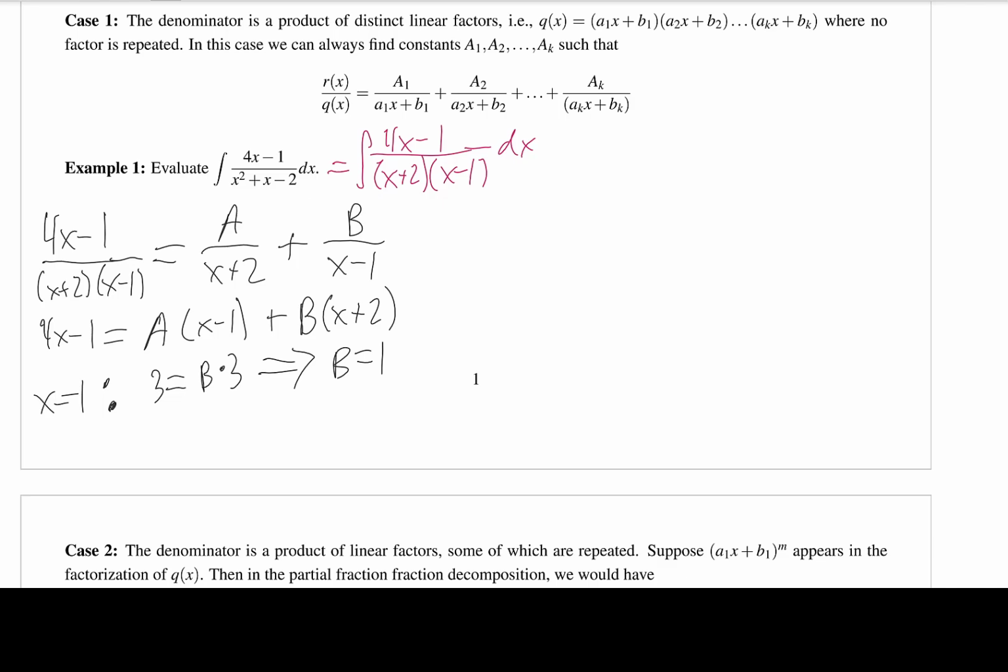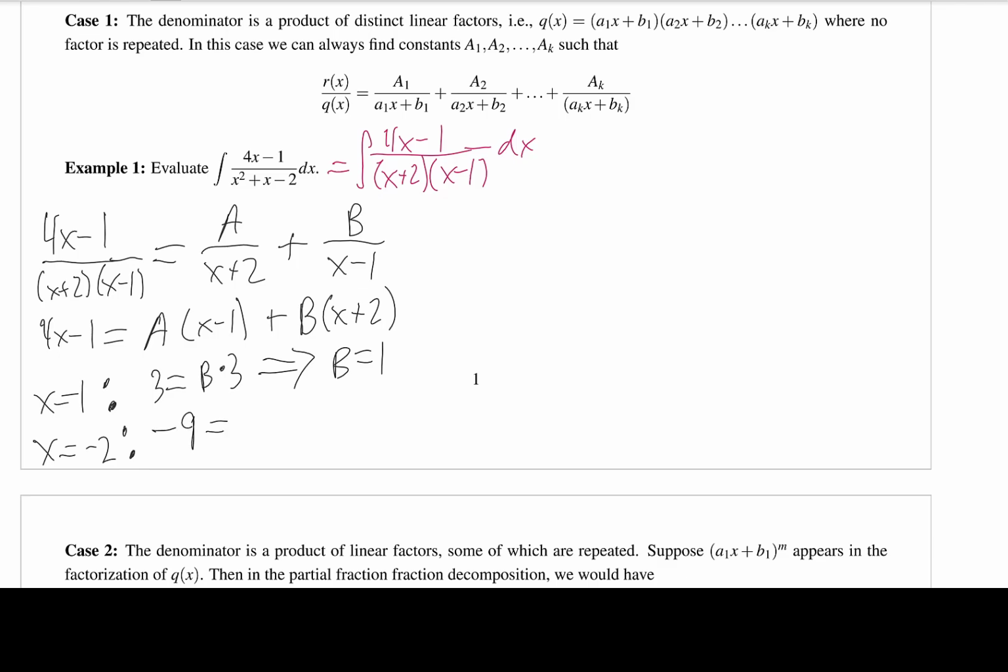Now, to get the other value, I'm going to plug in x = -2, because that'll make this part equal to 0. On the left-hand side, -2 times 4 is -8, minus 1 is -9.